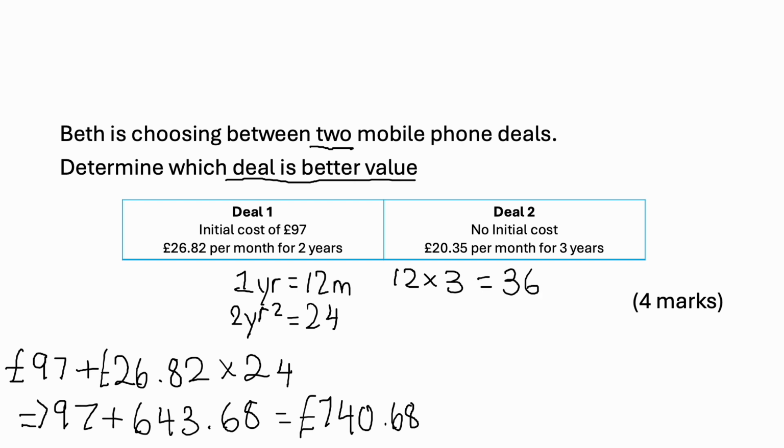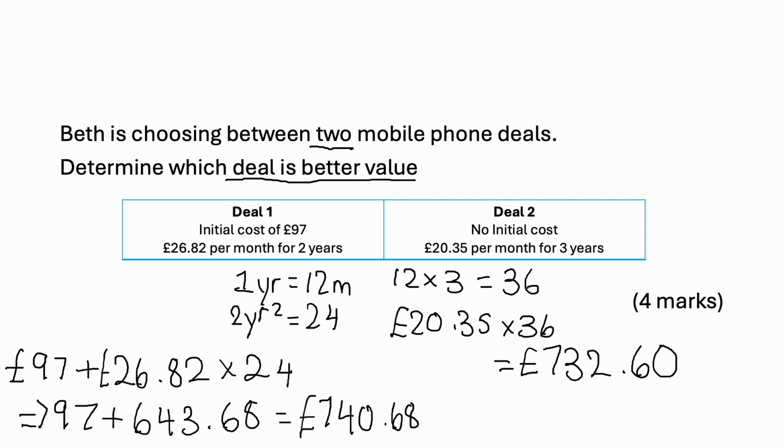So 36 months. So now what we need to do is £20.35 times by 36, which we get as an answer of £732.60.